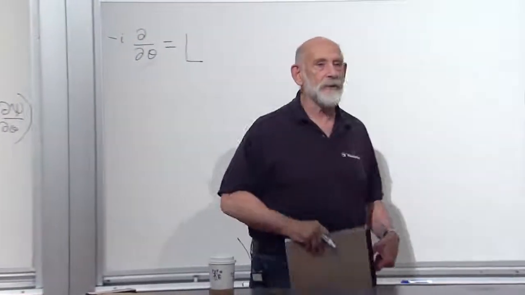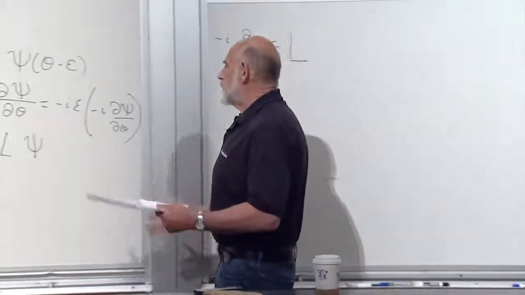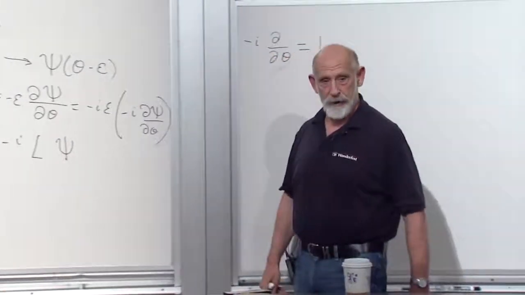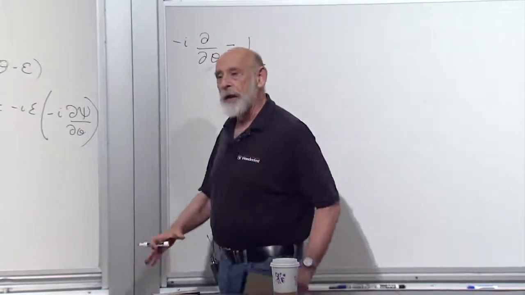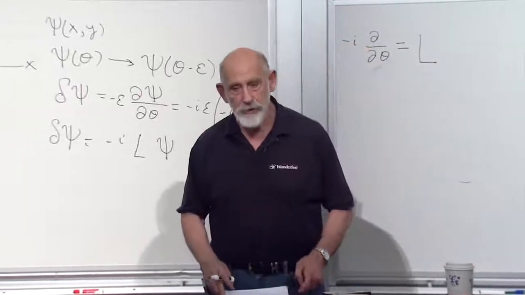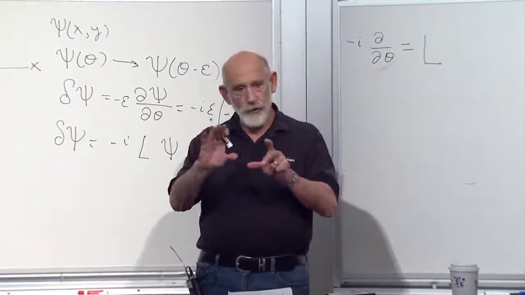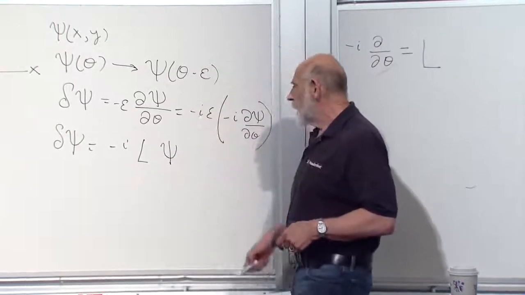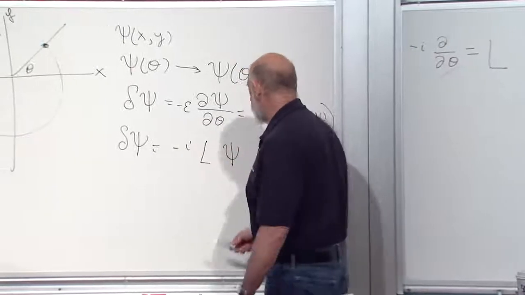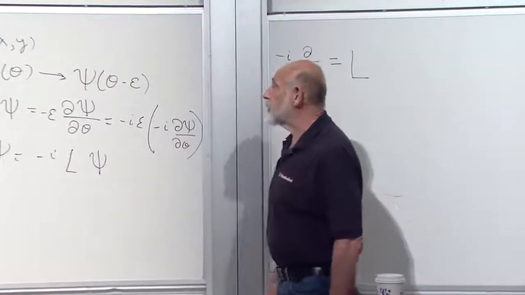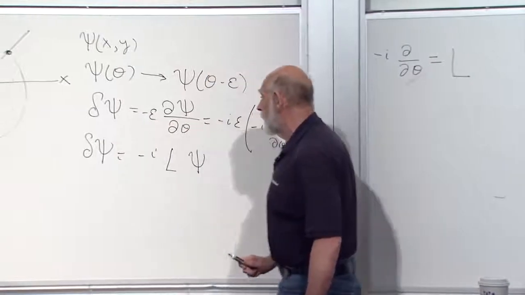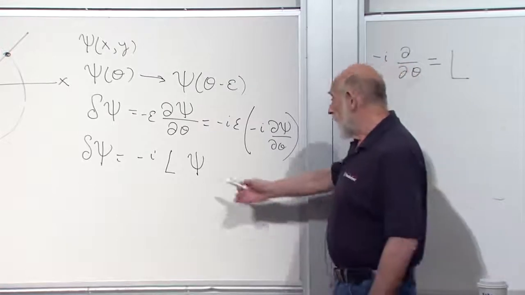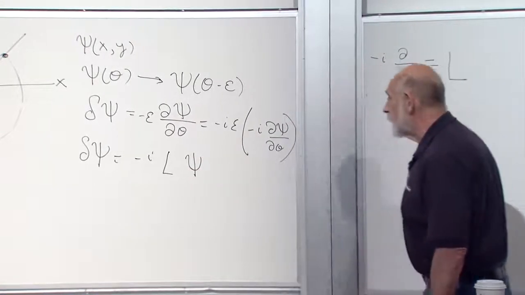If you can't remember the precise definition, this is the definition of the generator of a symmetry operation. If the symmetry operation has a version for arbitrarily small parameter, in this case angle, then the generator is defined by the small change in the wave function when you shift by an infinitesimal amount.